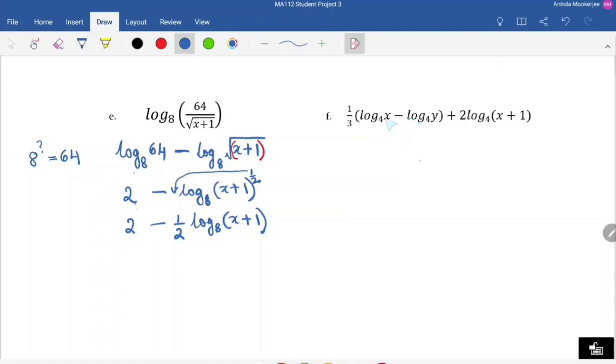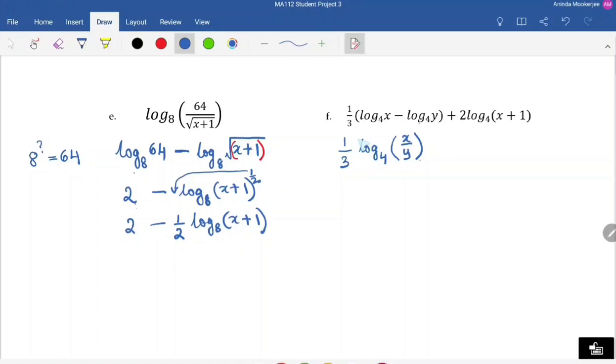All right, so we are going to write it as 1/3, keep the 1/3 as is for the time being, and then log base 4, and then x and y will be written in quotient form as x divided by y. And just to make things clear, just surround it with brackets.